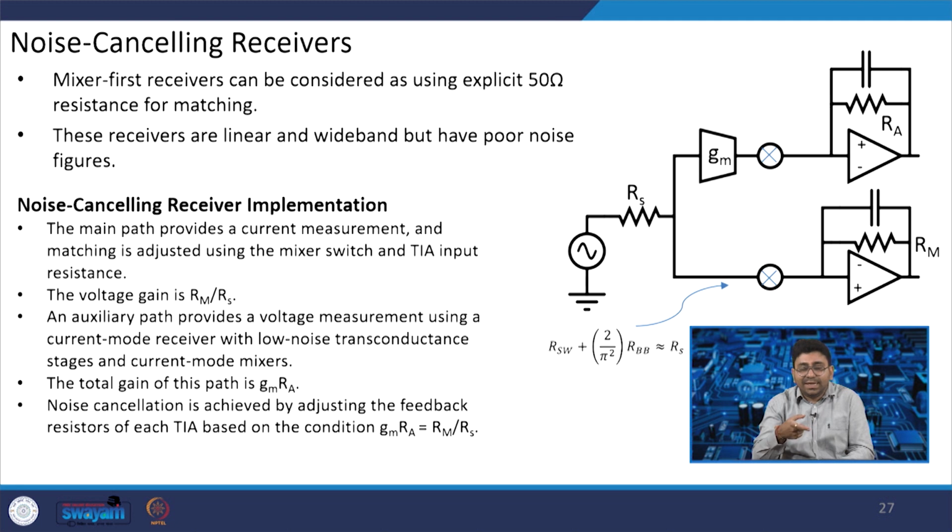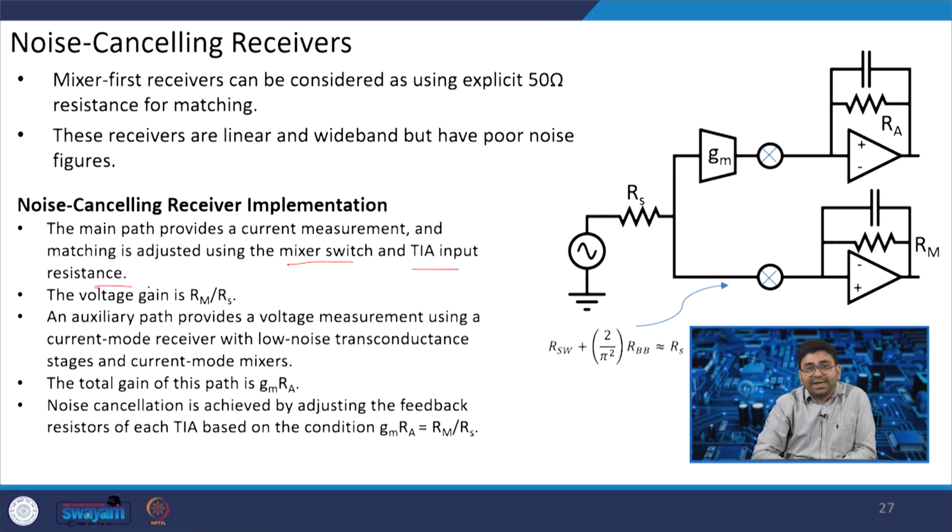So in the noise cancelling receiver implementation, the main path provides a current measurement and matching is adjusted using the mixer switch and TIA input resistance.